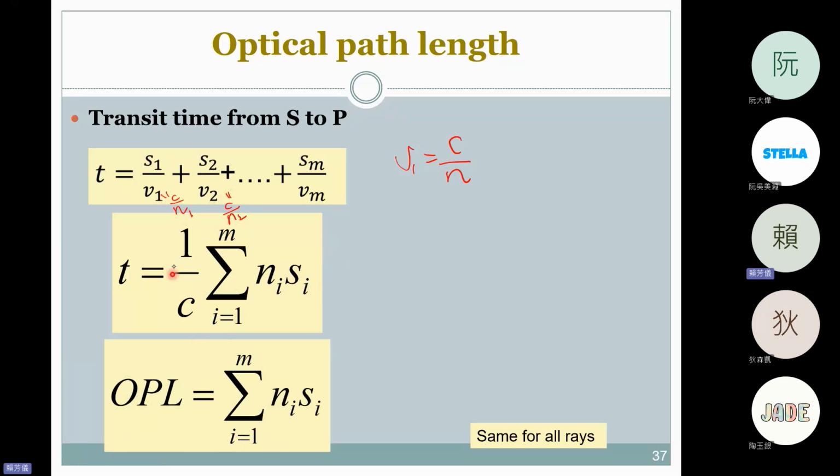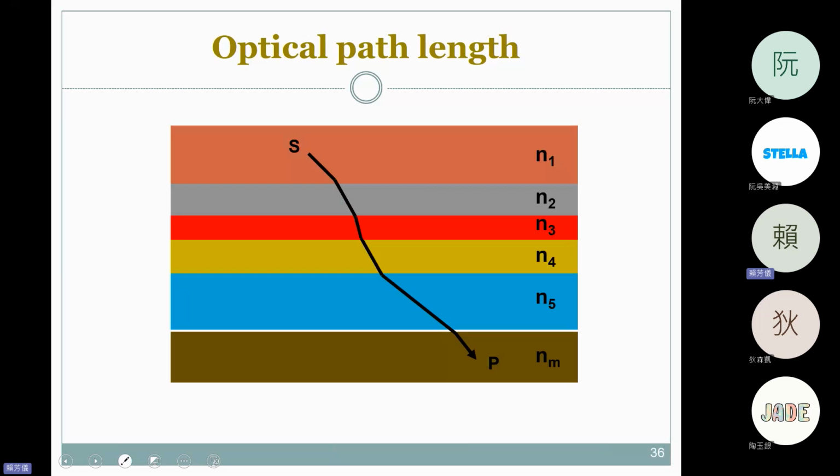Okay, so when you see this equation, it seems that the light travels using the speed C, and the distance is this one. So what does it mean? It means that when the light travels in this material, it seems to use the speed of light C to travel.